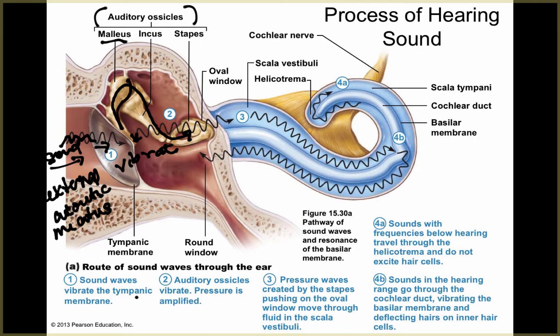Then this one right here goes right here, and this is the next one. So it starts right here and goes right there. That's the incus. And the last one is right here, which is the stapes. So it goes through those three.